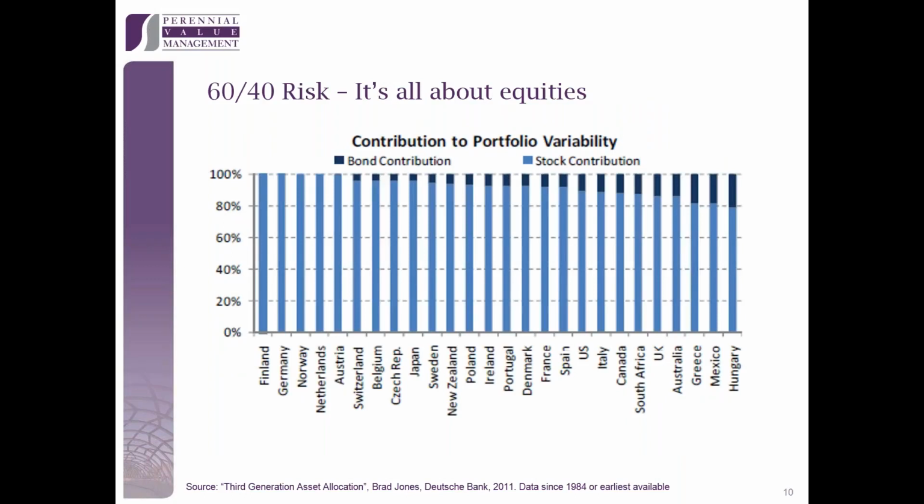Returning briefly to 60-40 and talking about bonds and equities as diversifiers against each other, what we can see here is a chart which again looks at many different countries, but it shows the portfolio variability by equities and bonds. What you can see if you look to the right-hand side for Australia is that over 90% of the variability in balanced portfolios, 60-40 portfolios, comes from the equity piece, which is a lot higher than most people would think intuitively.